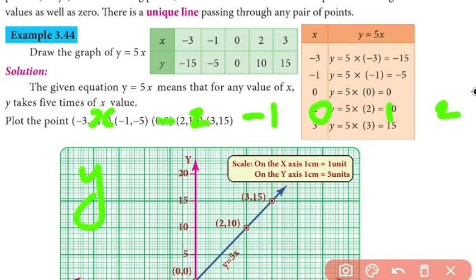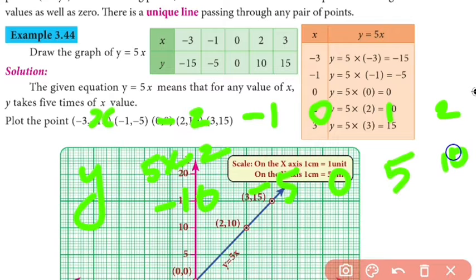Then the y value becomes 5 into x. If x is minus 2, then y is 5 into minus 2, which is minus 10. 5 into minus 1 is minus 5. 0, 1 five is 5, 2 fives are 10.